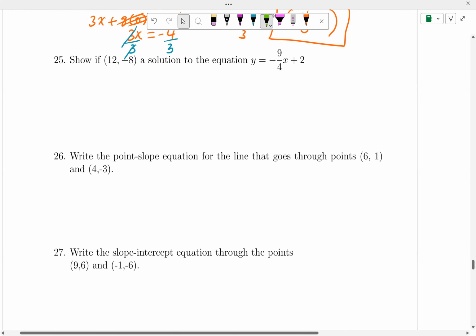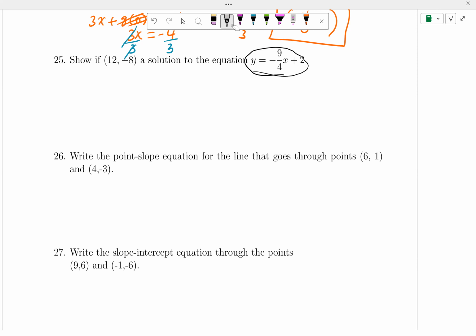Next question, it says, show if 12, -8 is a solution to this equation. All you do, since you're given an x and a y value, you take the x value and you plug it in. You take the y value and you plug it in, and you're going to see if the left side equals the right side. So y value is -8. We're going to plug the -8 here.